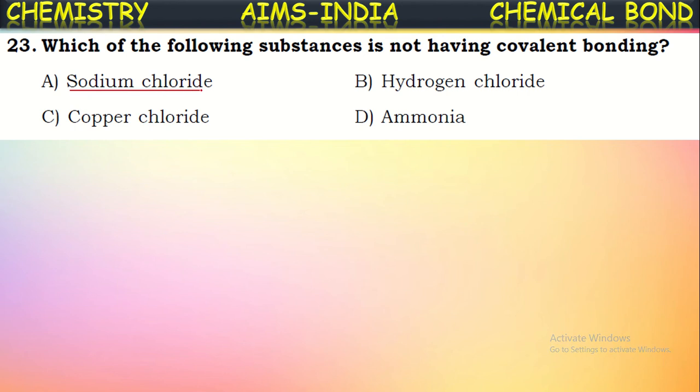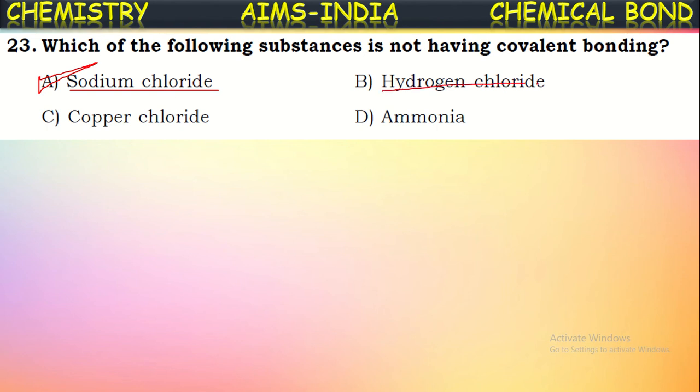If you see sodium chloride, sodium and chlorine both have high electronegativity difference. Thus, the bond formed between these two will be an ionic bond, because here sodium loses an electron, at the same time chlorine gains that electron. So here the bond is formed by the transfer of electrons. Thus, it is said to be an ionic bond, not a covalent bond.